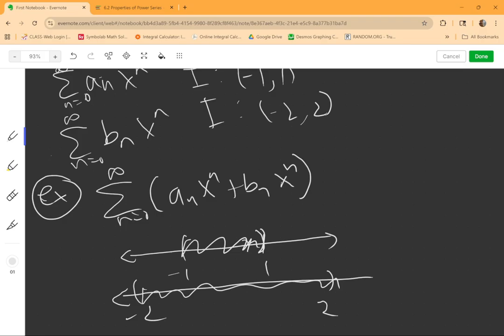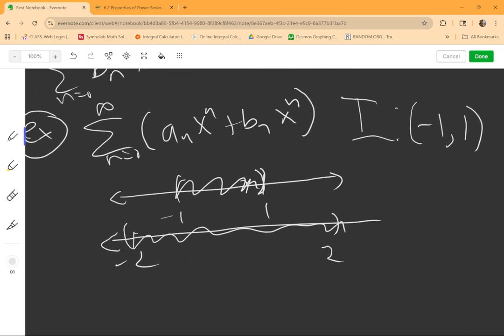So really what you're after is the largest possible interval that is converging for both of those series. So we choose the interval from -1 to 1. That would be the interval of convergence of my new power series where I sum them up.